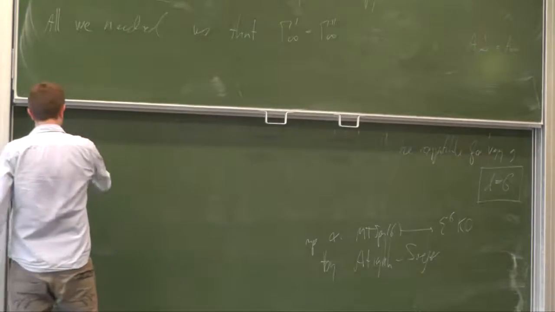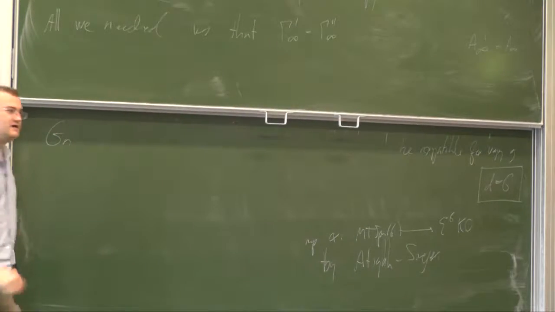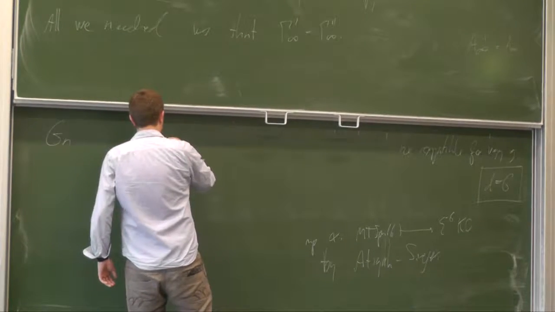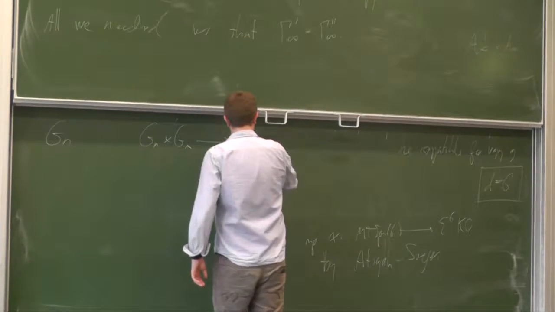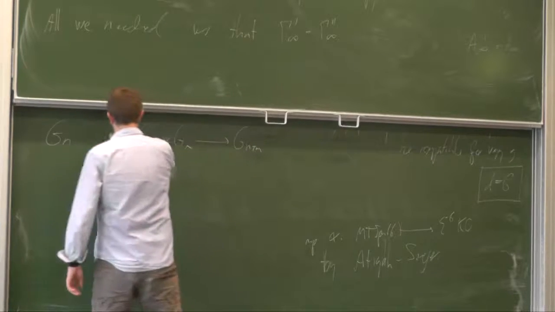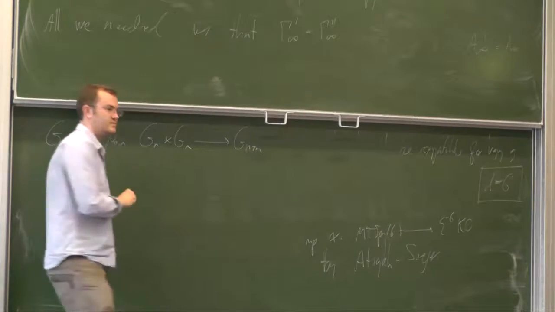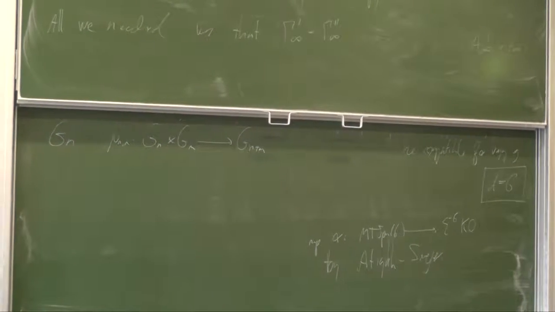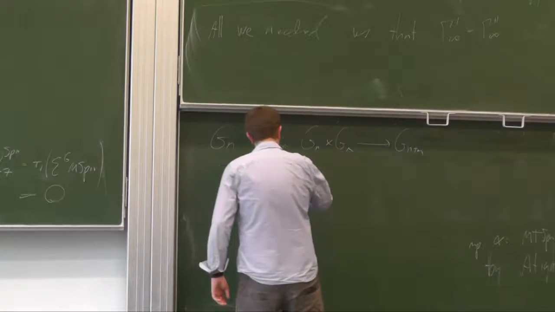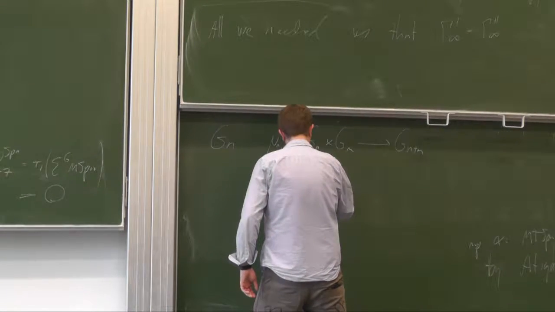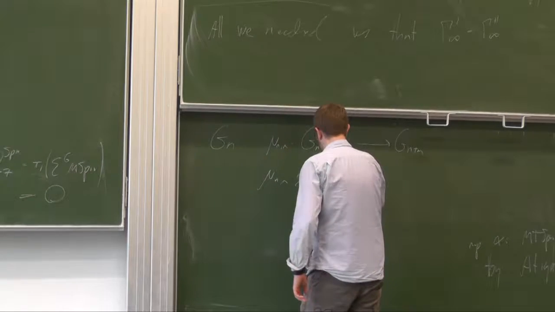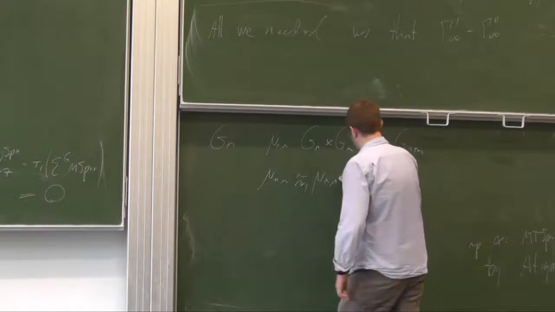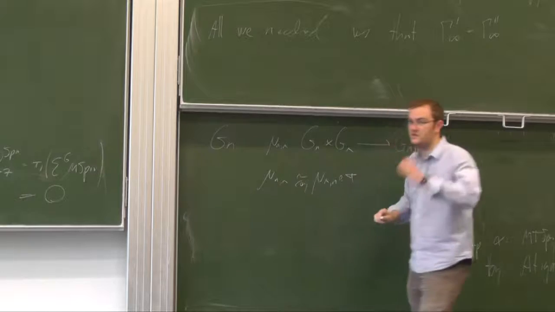So the setup is that you have a sequence of groups Gn, and you have product maps Gn cross Gm to G(n+m), called mu n m, that are commutative up to conjugation. So mu n m is conjugate to mu m n precomposed with the twist map.